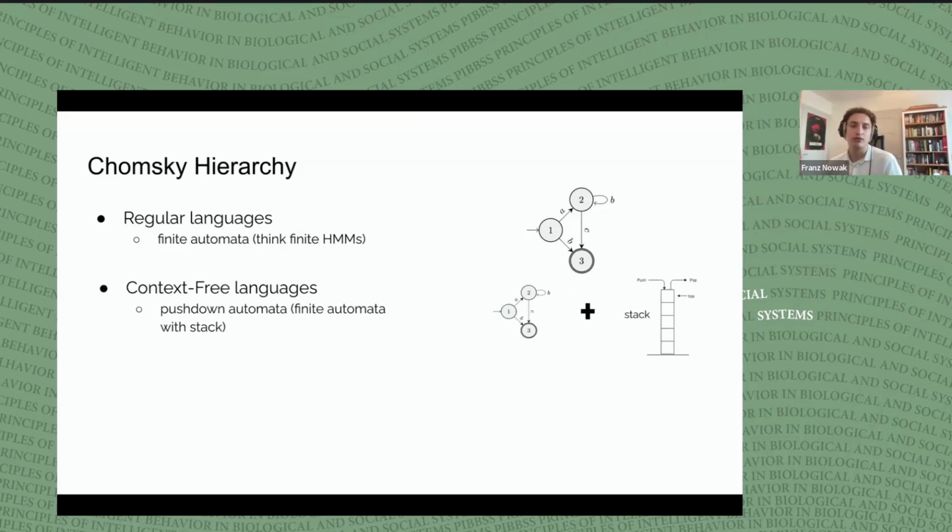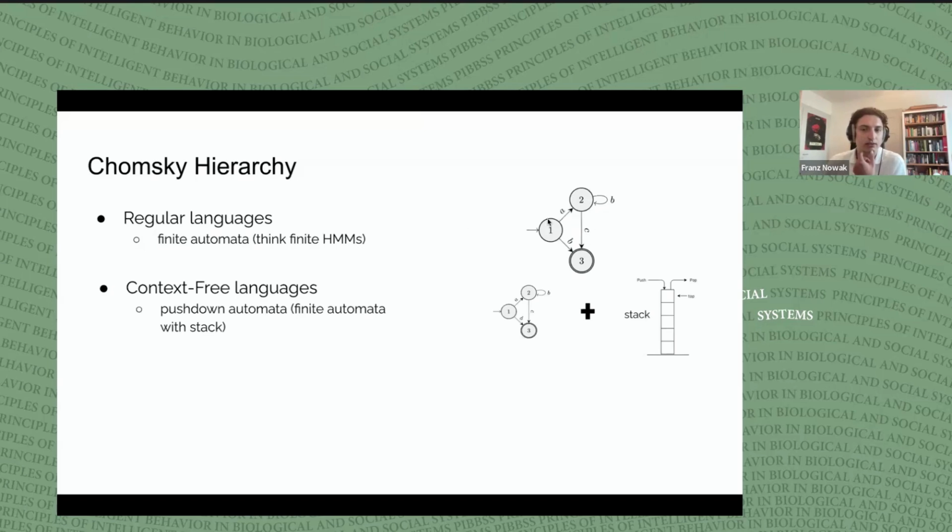If you want to accept languages that are one level higher, namely the context-free languages, which is for a long time how people thought about human language, because it allows you to model, for example, hierarchical information, sentences that are decomposed into sub-sentences and recursion.